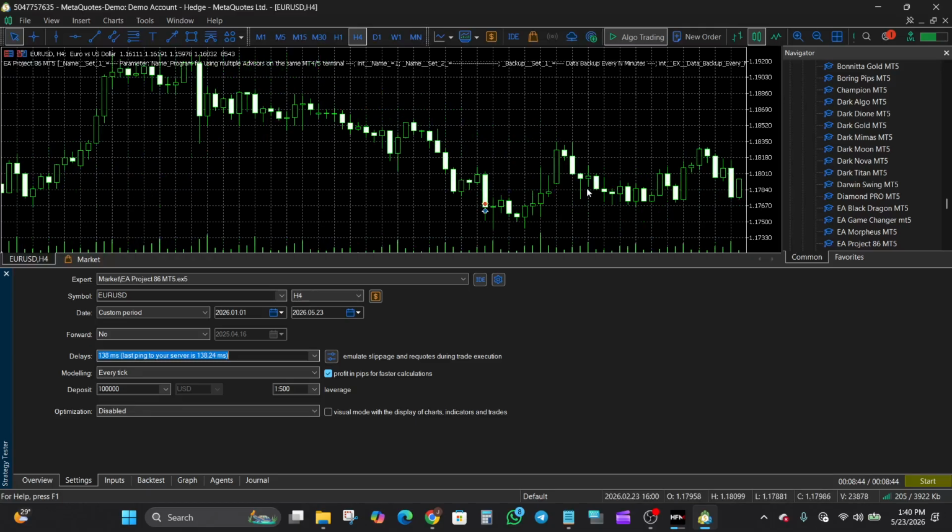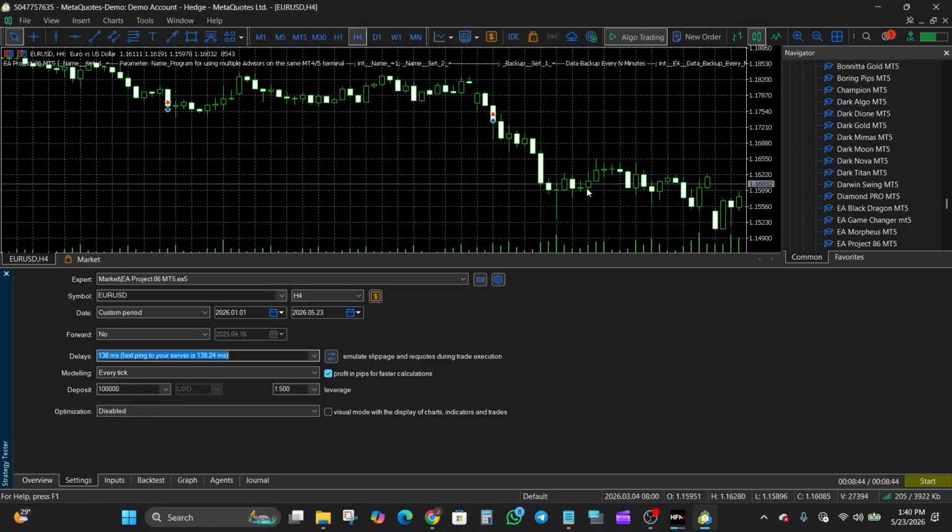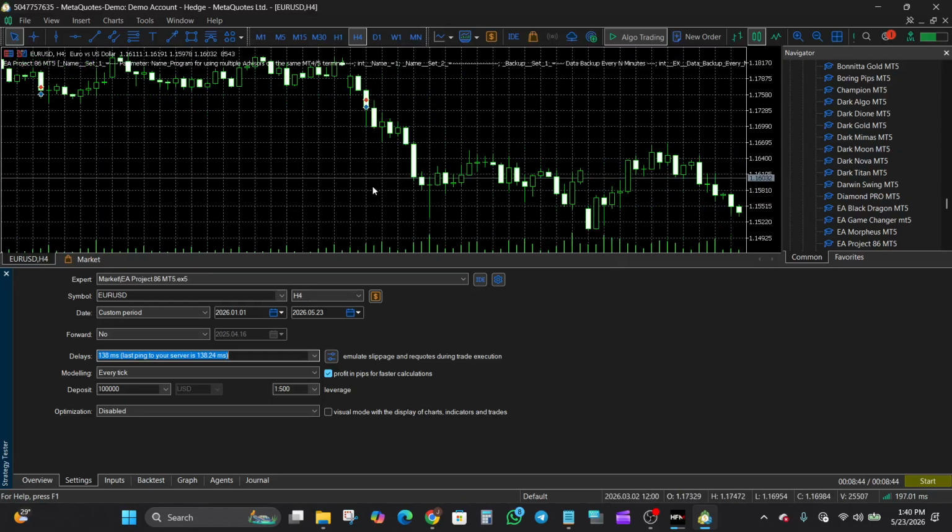As I scroll through the chart, I can see that trades are generally triggered around breakout points, okay, which aligns with the idea of volatility compression followed by expansion, right? So the system appears to wait for structure to form before engaging the market rather than reacting randomly to price movement.